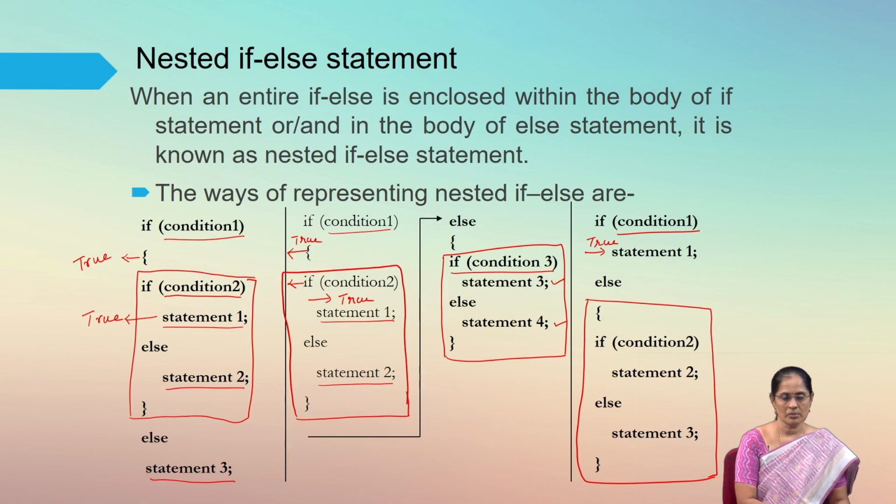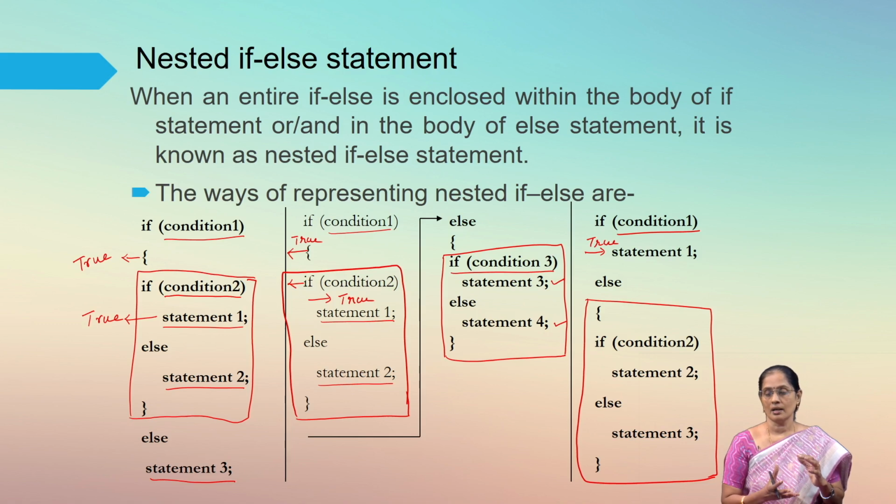So, the first way is, if condition 1 is true, we are nesting the if else statement within the true block. The second way of representation is, we enclose the complete if else nested block if condition 1 is true as well as if condition 1 is false.